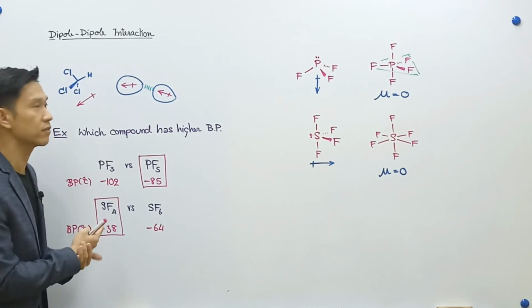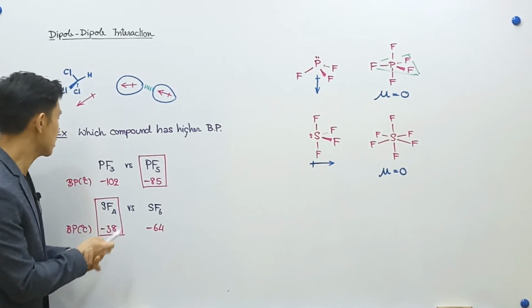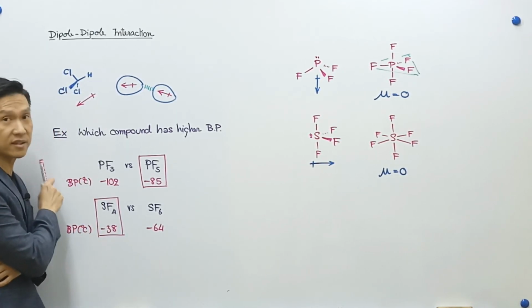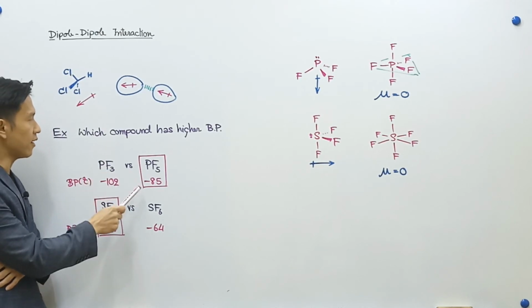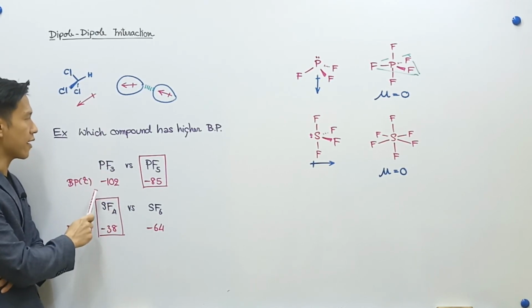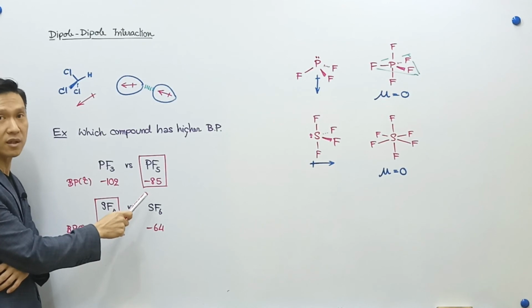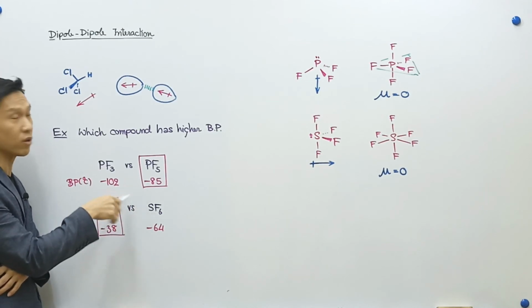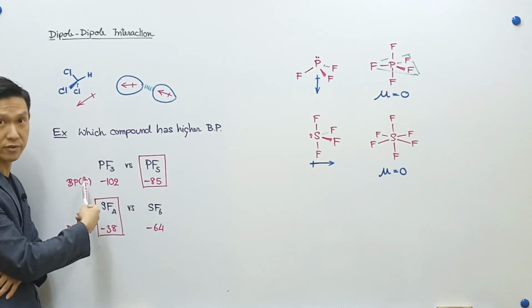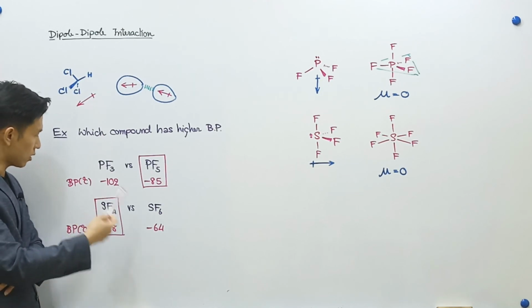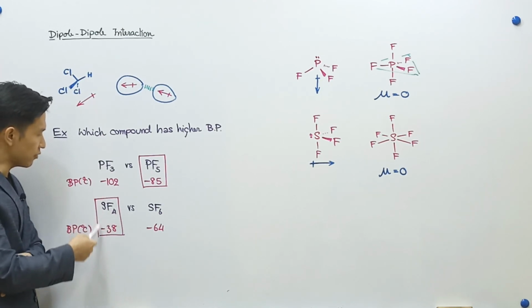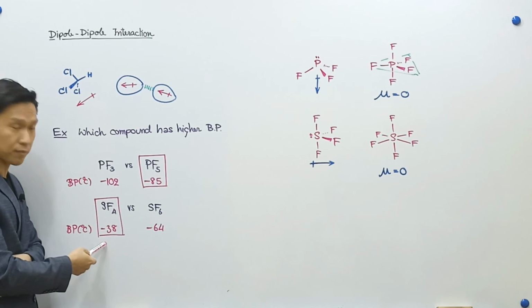And as you can see from the examples here, for the upper case, PF5 has a higher boiling point. That means the London force is more important than the dipole-dipole interaction here. But for the bottom one, SF4 is higher in boiling point.